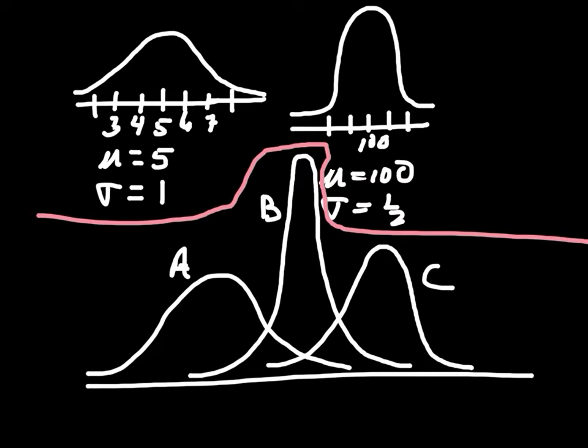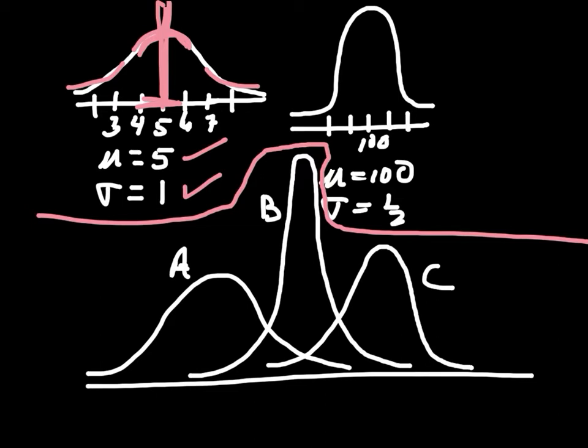Both of these are bell-shaped curves. In this one we have a mean of 5 and a standard deviation of 1. And since we know the mean is in the middle, it's right there. And then each standard deviation, we know that within one standard deviation it's concave down, and then everywhere else it's going to be concave up, and that's what we see in this picture.